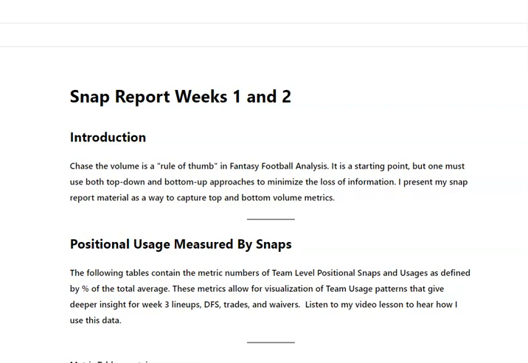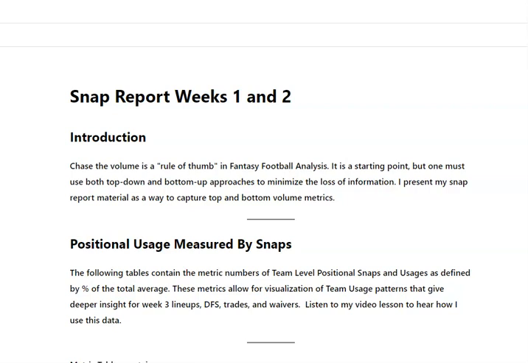First thing I do is positional usage, measured by snaps. How do the teams use their running backs, tight ends, wide receivers? If you figure it's percentage of the total average.